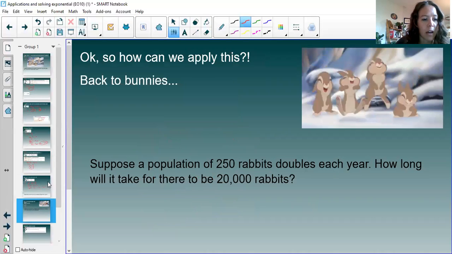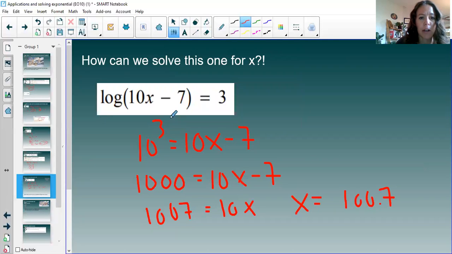The last thing I want to point out is you may have to use your properties of logs as well when you're solving. If you have questions moving forward on that, definitely let me know, but they should be pretty straightforward using base 10 if we need to.